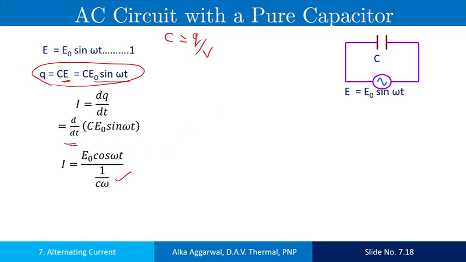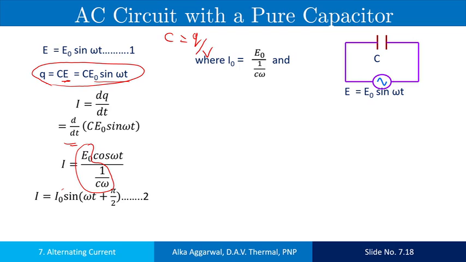This 1 upon C omega is the capacitive reactance, and E naught upon 1 by C omega is replaced by I naught. So it is the equation of the current. Now I naught is equal to E naught upon 1 by C omega.